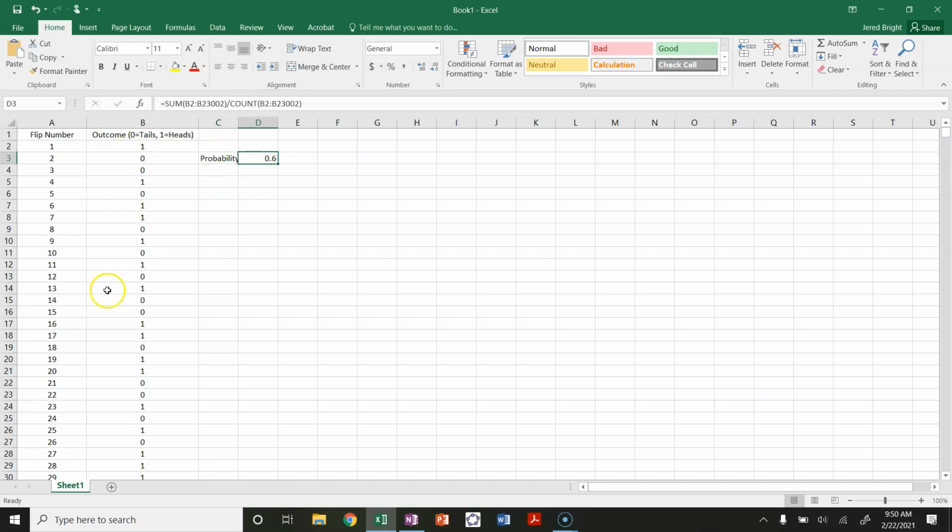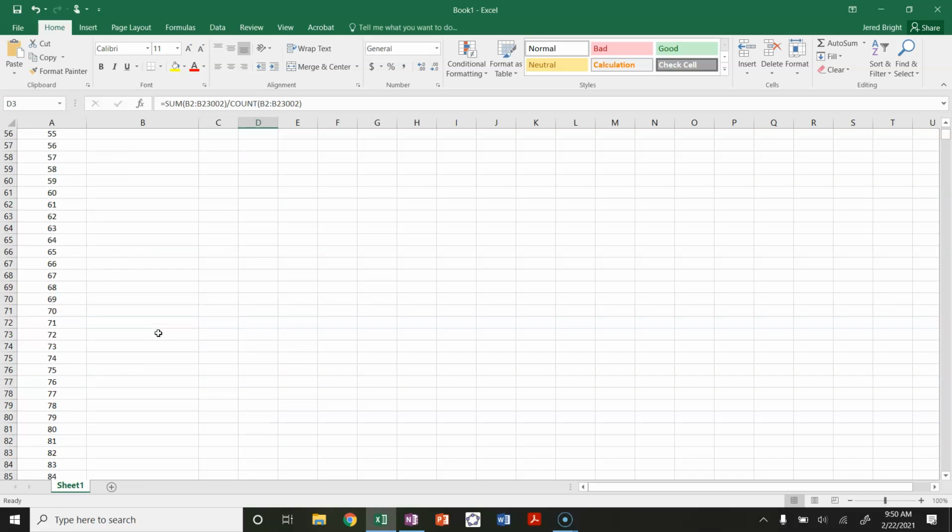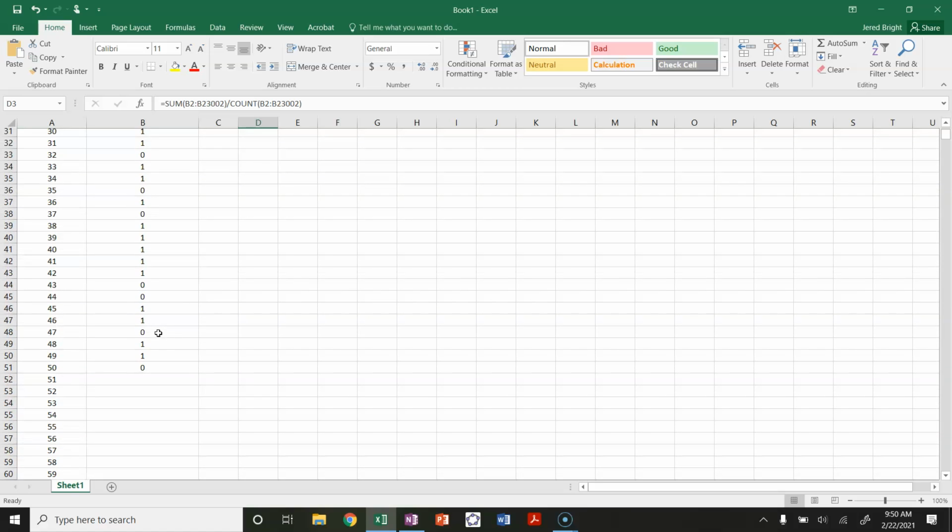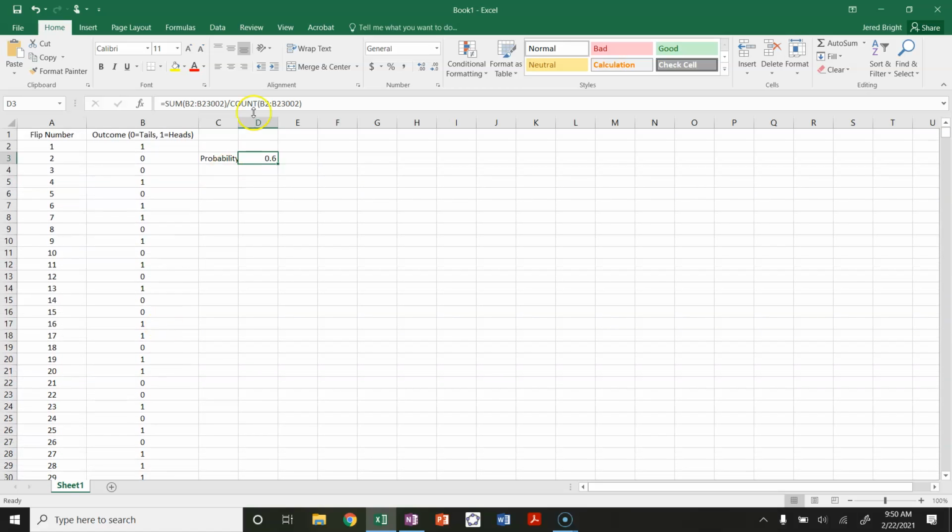And right now for this sample, I have a 60% chance. So what I'm doing is just counting up all the ones and then dividing by the total number of flips I've done. So I think I've done 50, or 49 technically, flips, and so I get this probability. Okay, and then you can certainly resample.